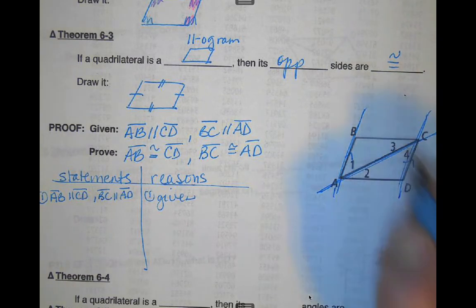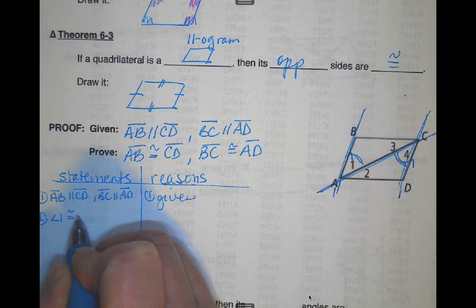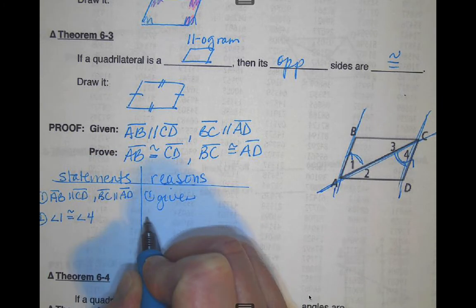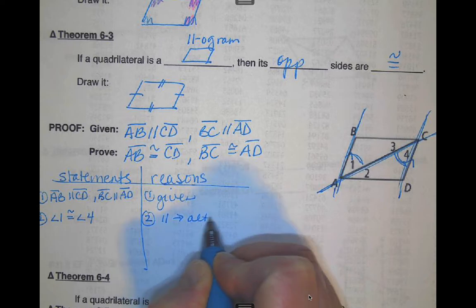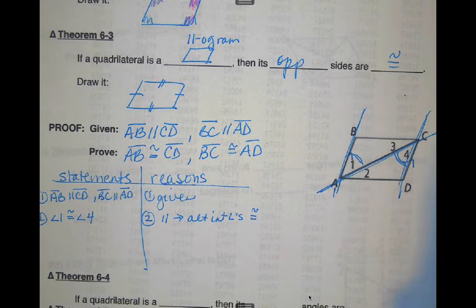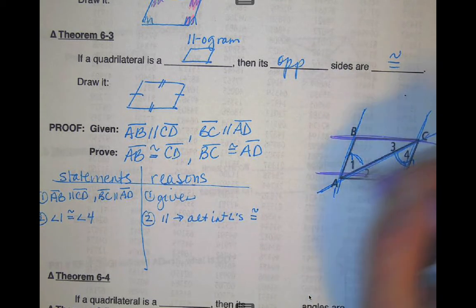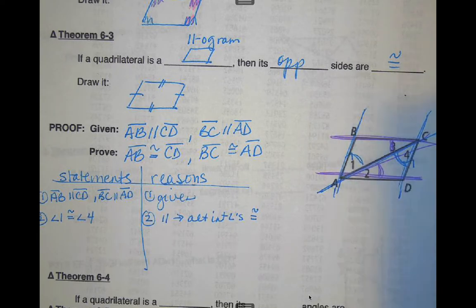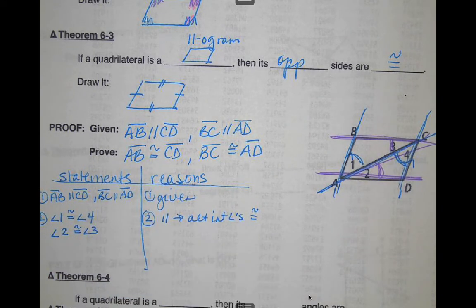So that tells me that this angle is congruent to this angle. And why is that? Because parallel lines mean that the alternate interior angles are congruent. But then remember too, we got this line being parallel to this line, and I still have that transversal, so now it makes these two angles congruent. Again, it's the same reason.